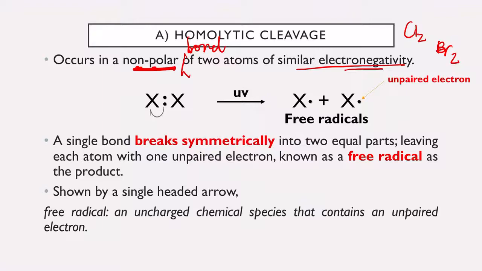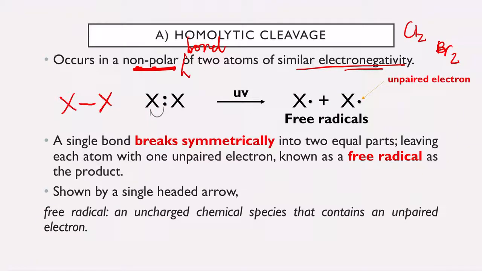So right here you have the reaction equation. For homolytic cleavage, in order for you to break this single bond, you will need the presence of UV radiation or light. You need this because to break this bond you need a lot of energy. Alright, so you're going to break this bond.